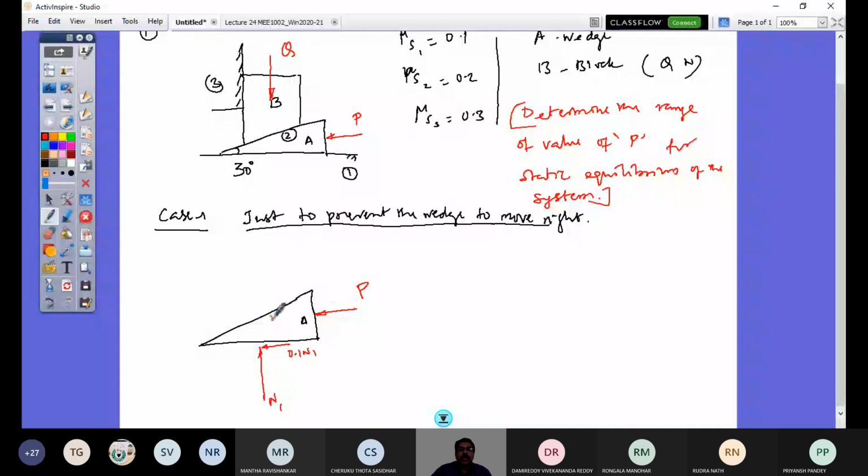So similarly, you would also have a friction force along the slope, and that would be of 0.2 times N2, and this is a normal there, N2. So these are the only forces that are acting now in this wedge, and the corresponding free body diagram of the block.